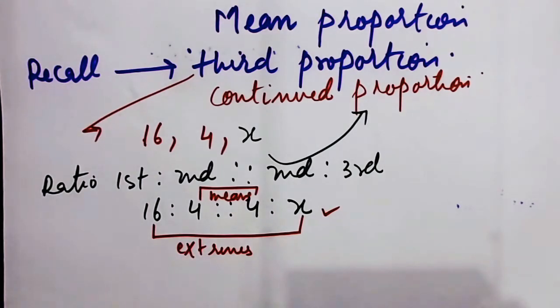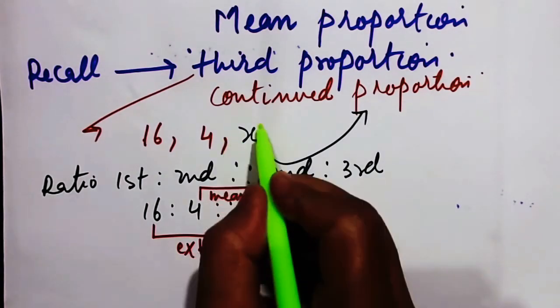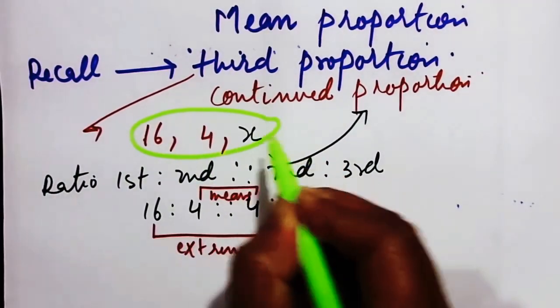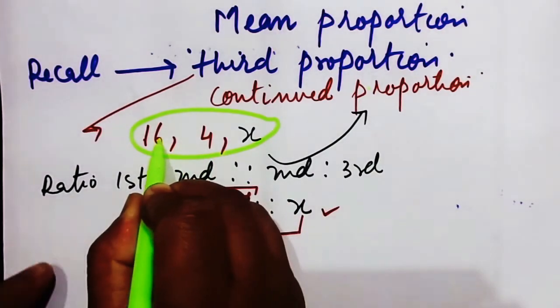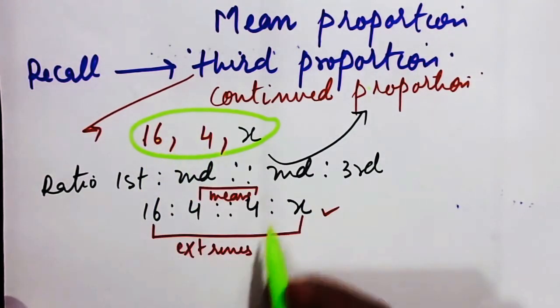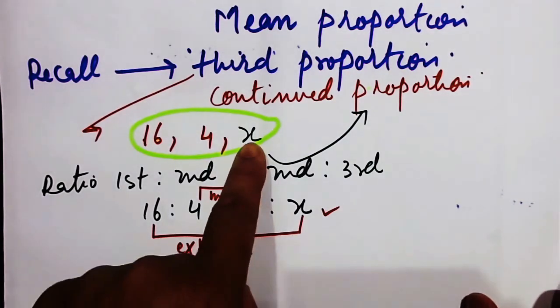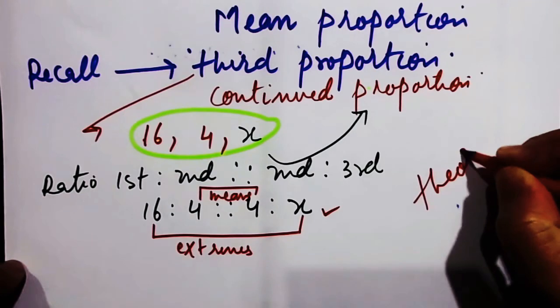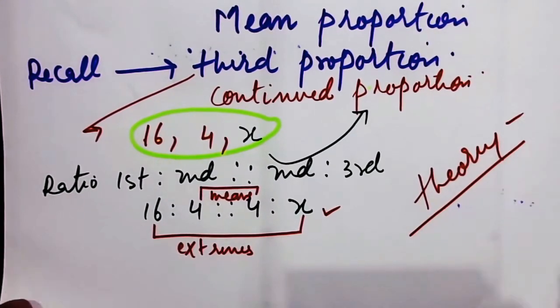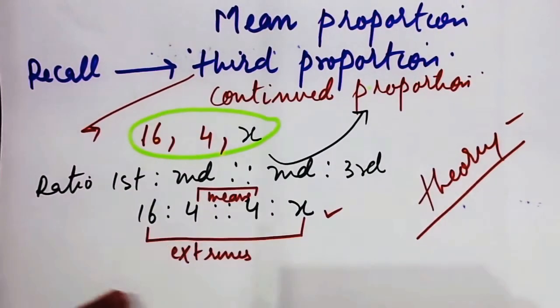So the most interesting thing is that if three of them are in continued proportion, then the ratio of the first and the second should be equal to second is to third. Now this theory is very essential. Why? Because we are going to find the mean proportion.